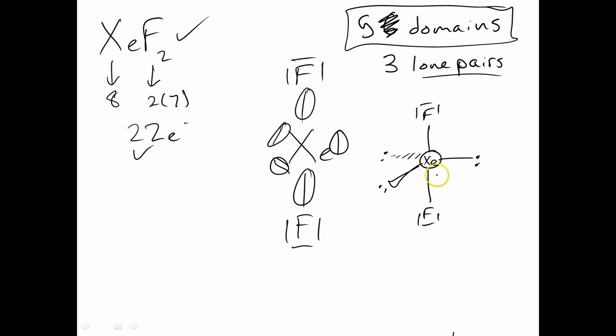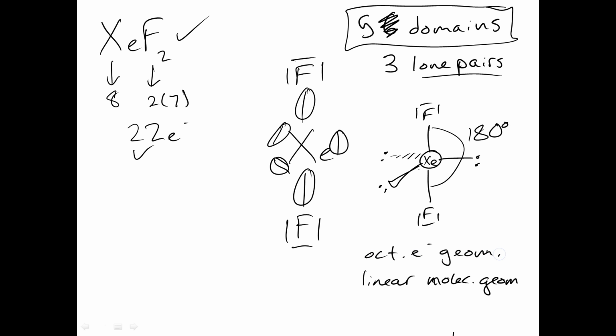So what I'm left with is a linear molecule for my molecular geometry, because this bond here is 180 degrees. I'm left with an octahedral electron geometry, and that was because we had 5 domains total in XeF2.